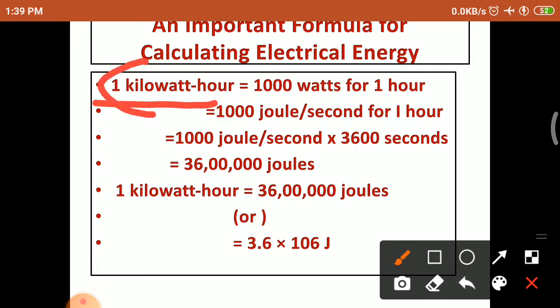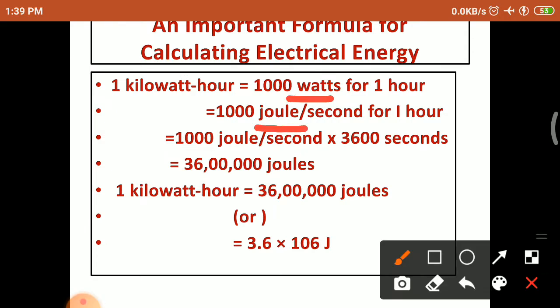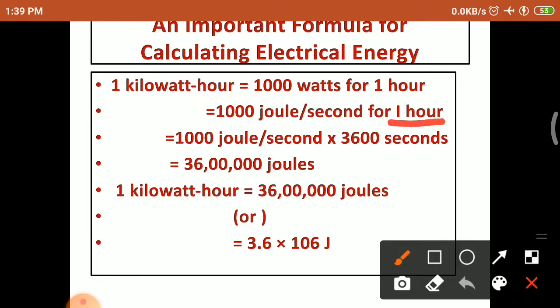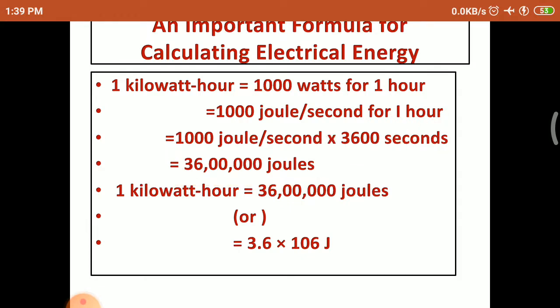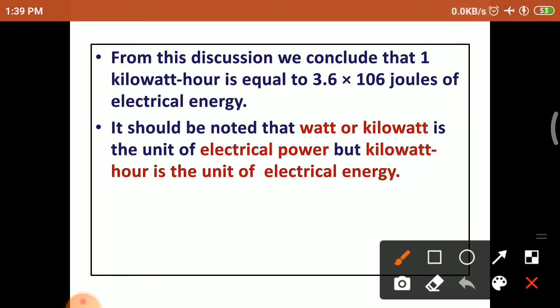Instead of 1 kilowatt I write 1000 watt for 1 hour. Then instead of watt we can write joule per second. Then instead of hour we can write 3600 second. Then you have to multiply. Here the second and second cancel.